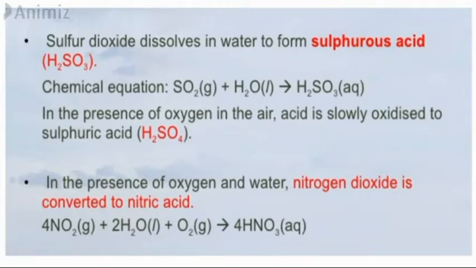Sulfuric acid, H2SO4, is also formed due to the dissolution of sulfur trioxide, SO3. Nitrogen dioxide, in the presence of oxygen and water, is converted to nitric acid, which is HNO3. So mixing water and oxygen with the above acids to form rain is known as acid rain.